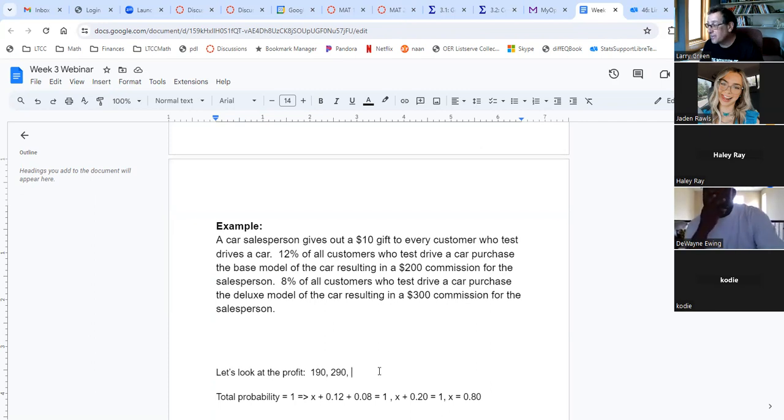Yeah, most of the customers are going to test drive the car and they're going to take the $10 and say, I'm not buying anything. Okay, and that happens. That's very common for that kind of thing. So the profit in this case would be -10. Because again, if you take the revenue, which is 0, and subtract the cost, which is 10, 0 minus 10 is -10. Any questions on that idea?